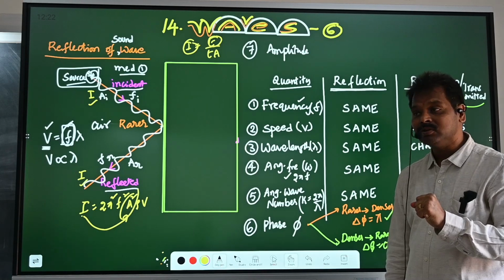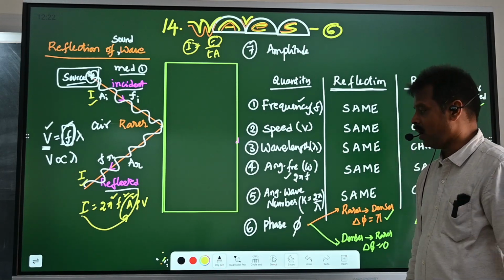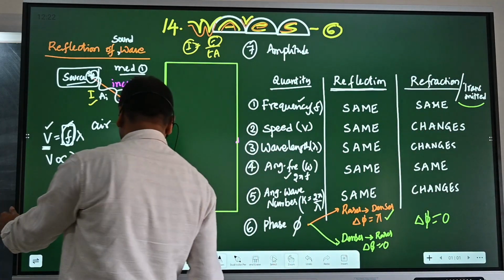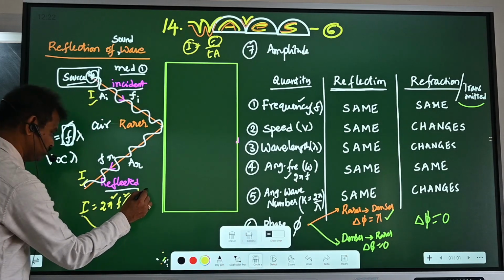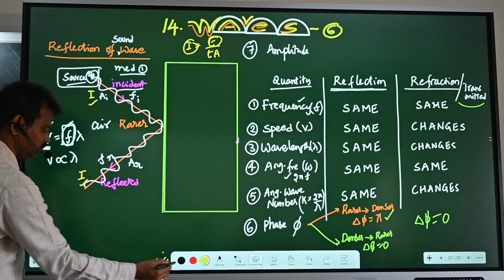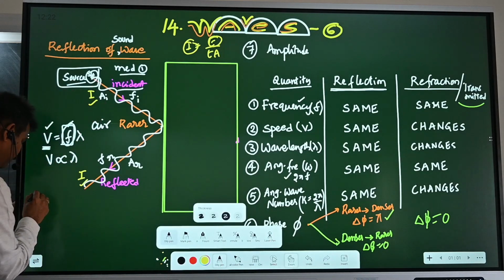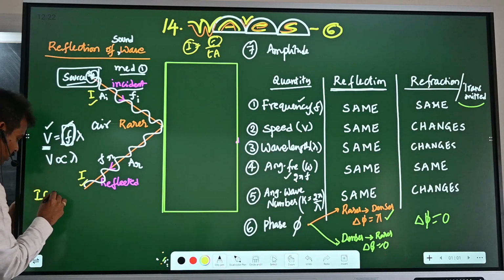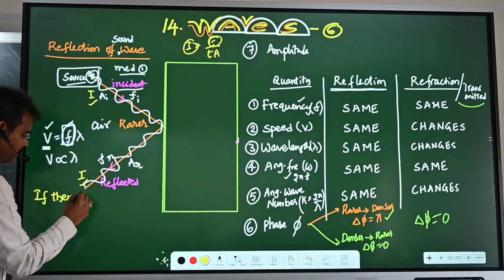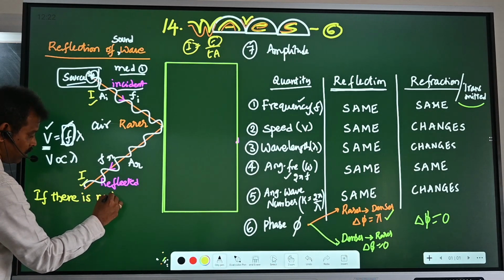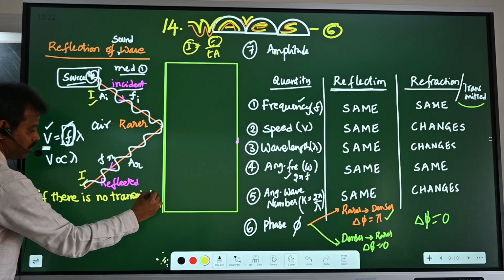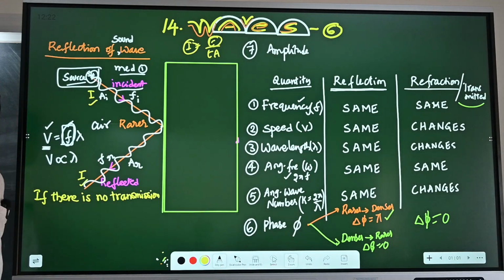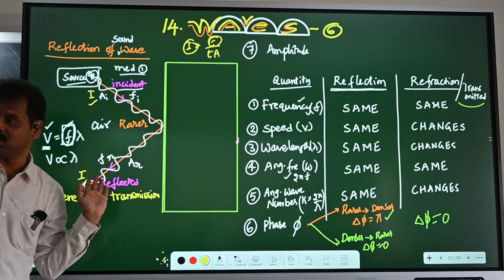If there is no transmission of the wave, the complete energy comes back into the same medium.